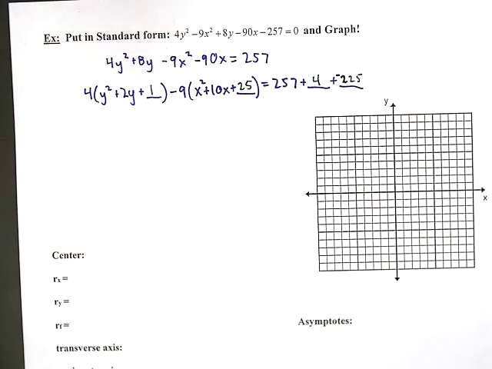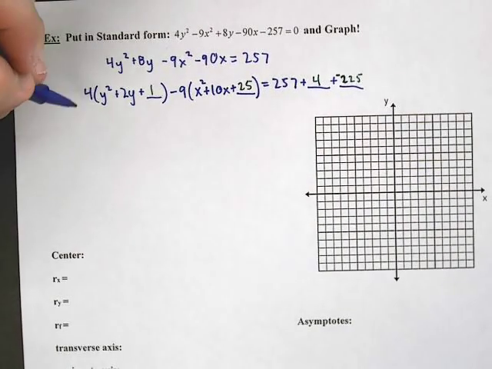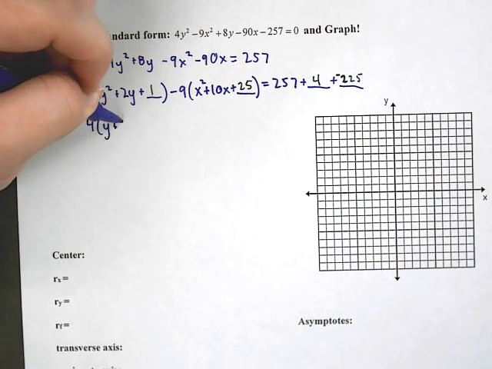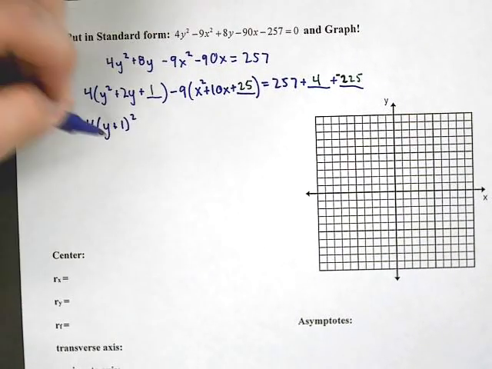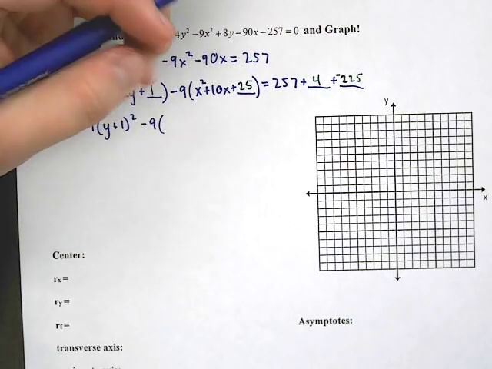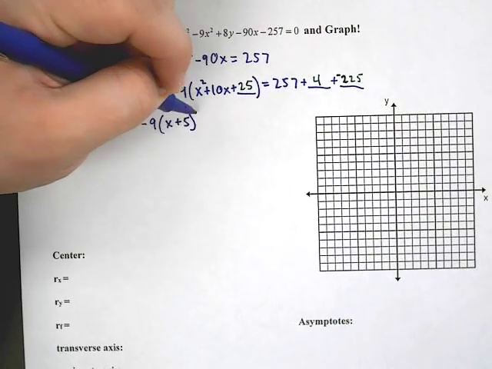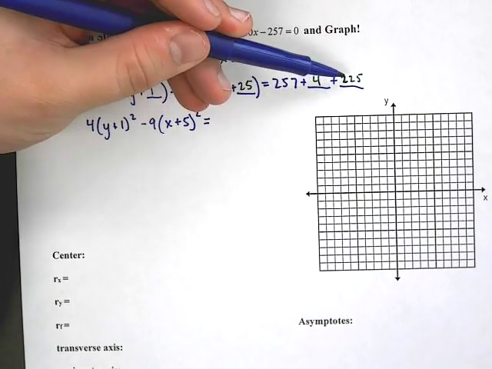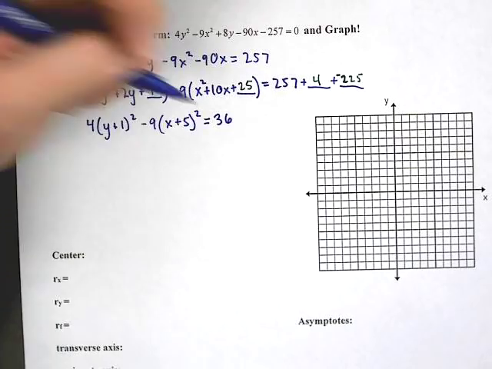Sorry about that, guys. And that definitely matters, because, let's see here. So now we have 4 times y plus 1 squared. We're going to have a negative 9, and then x plus 5 squared. And if we think about this, 261 minus 225, oh, that's not that bad. That's 36.